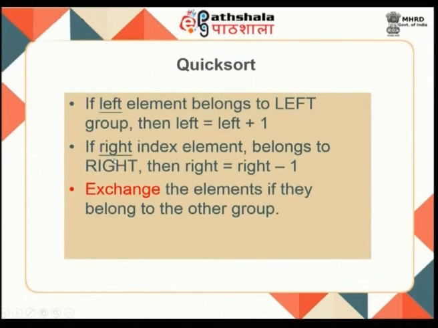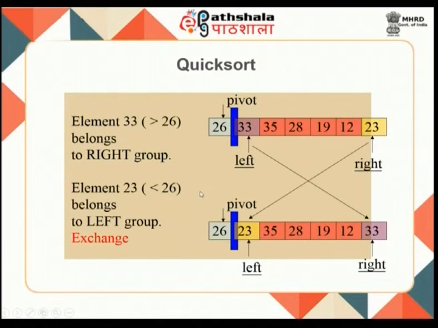If the right element, that is the element pointed by the right pointer, belongs to the right group, then we will decrement the right pointer, that is right becomes right minus 1, and exchange will take place whenever we encounter elements that belong to the other group. Suppose if this scenario is there, then we are going to exchange.